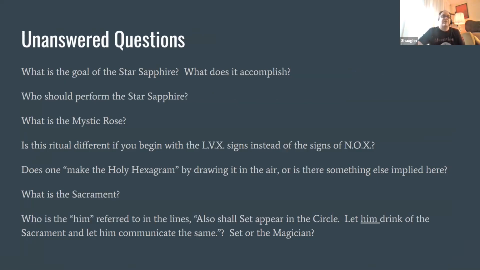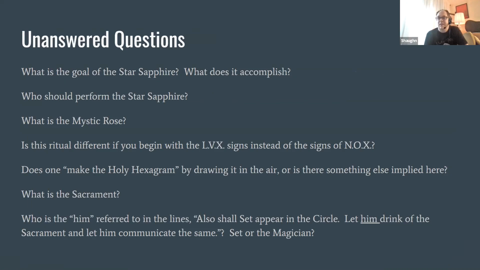So there are a lot of unanswered questions, and perhaps these are answered as one becomes an adept in the AA. I don't know, but certainly these are questions I had. I'm sure there are others that could be added to this list. So my first question is, what's the goal of the Star Sapphire? What does it accomplish?